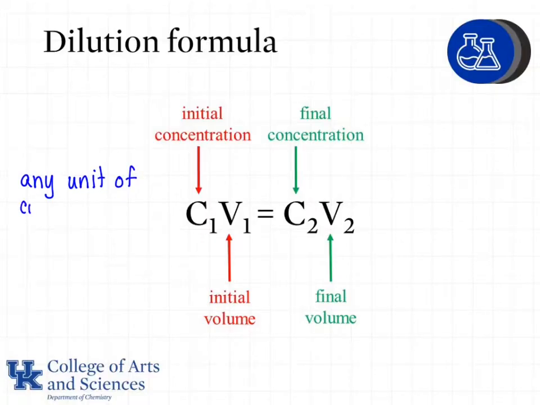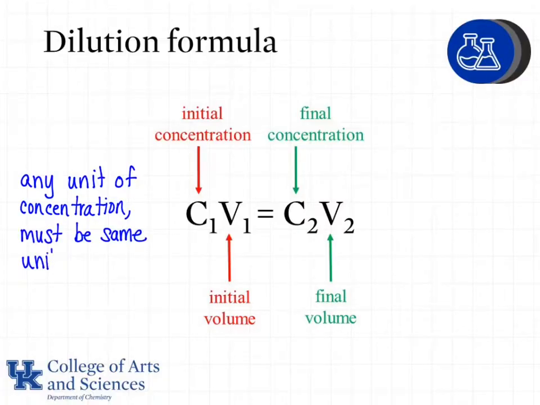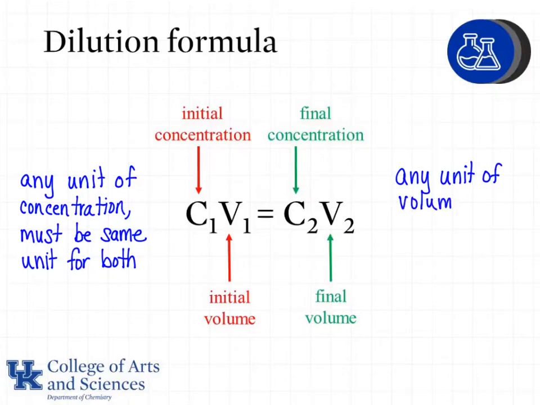Any units of concentration can be used as long as the units of C1 and C2 are the same. Likewise, any units of volume can be used as long as the units of V1 and V2 are the same.